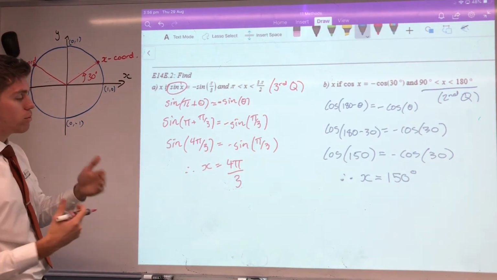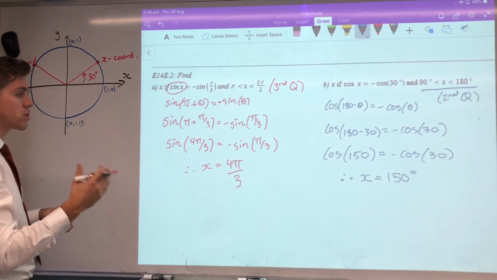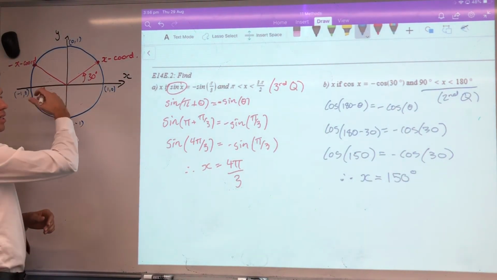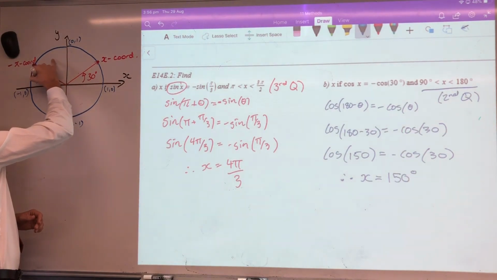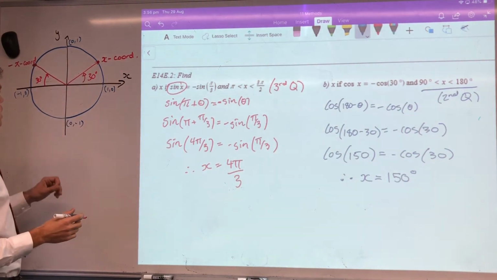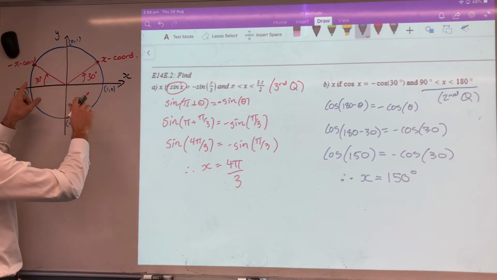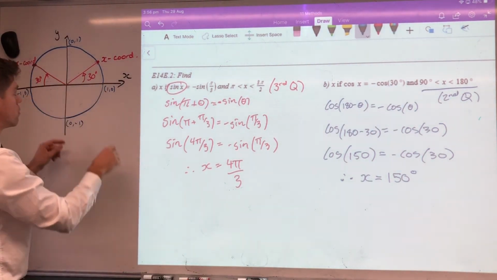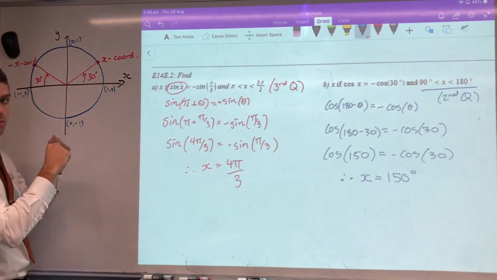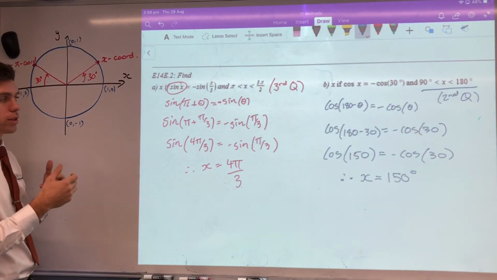So what we've essentially done is we've used the symmetry properties that in the second quadrant we could take away 30 from 180, and then we can make these two circular functions equivalent to each other.